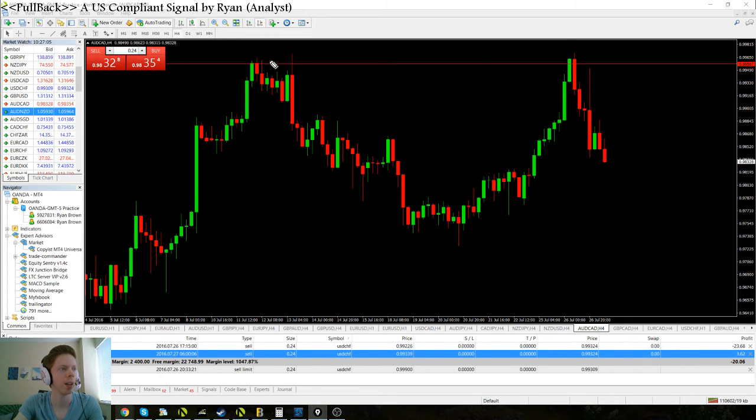And I saw that this level, even though it did break through, I did think that there should be some resistance up here. And after seeing this candle happen, I jumped in right after on the next candle, and I hit profit of I think it was 20 pips.